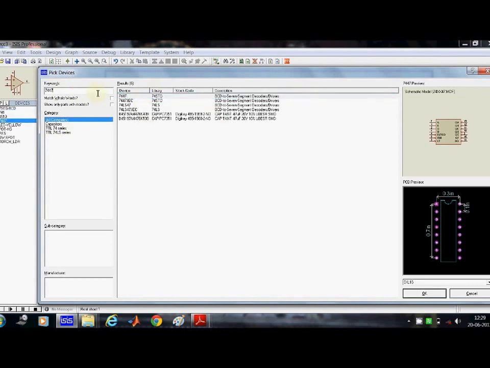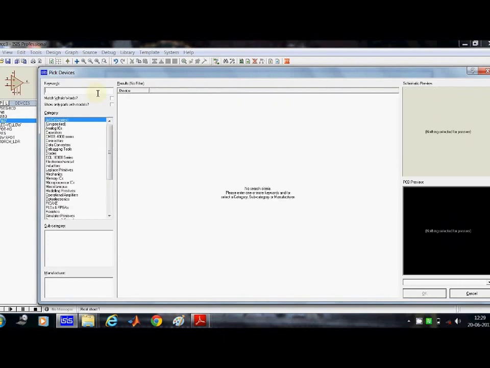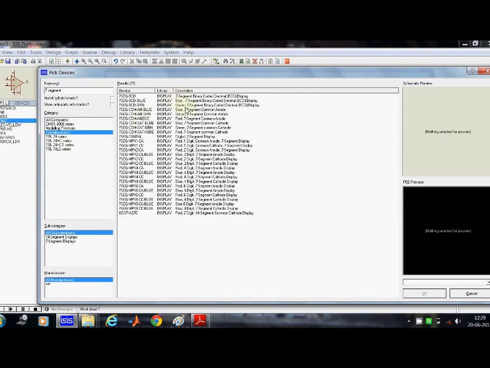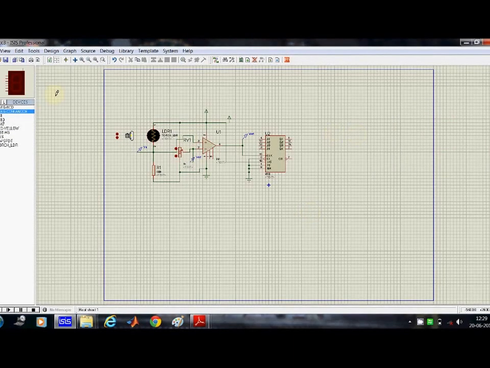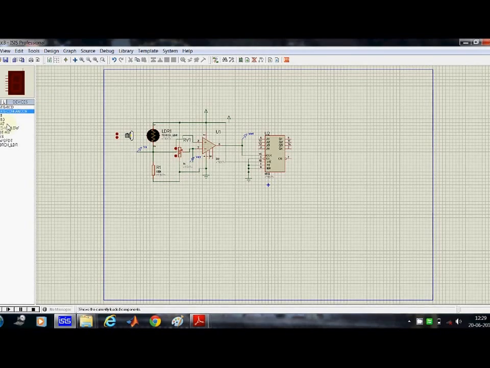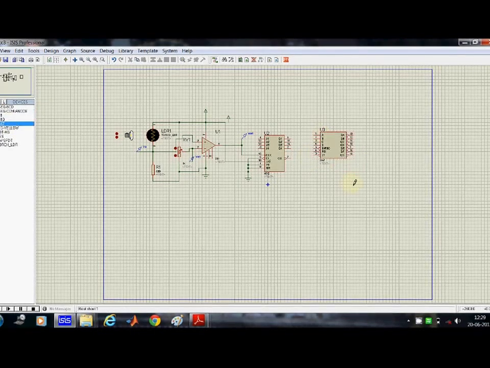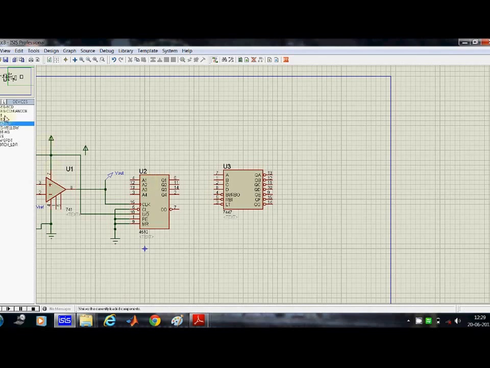We'll also need a 7 segment display, a common anode 7 segment display. So this is the 7 segment common anode display. Now we will place it. So this is the IC, and the common anode 7 segment display is this, and the connections are very easy now, as I have shown you on the paper.